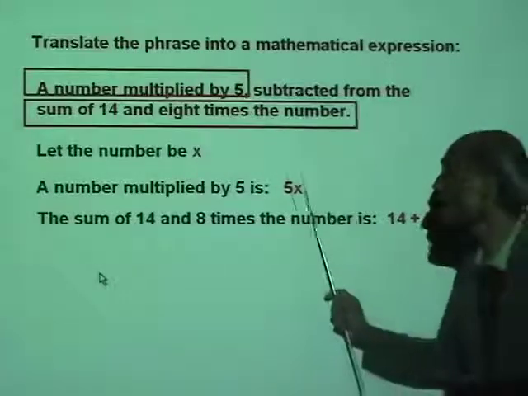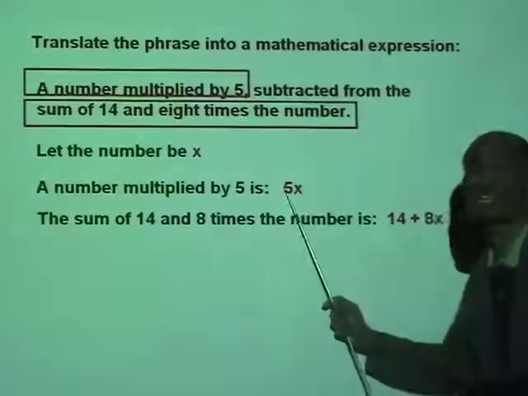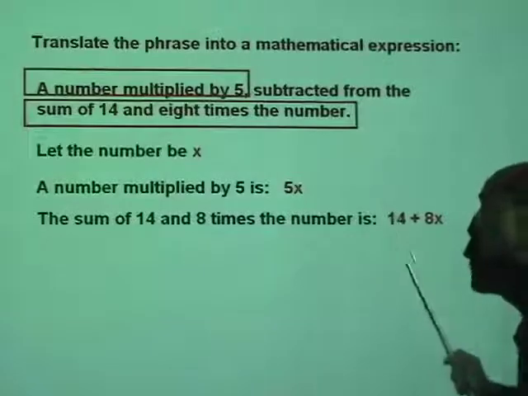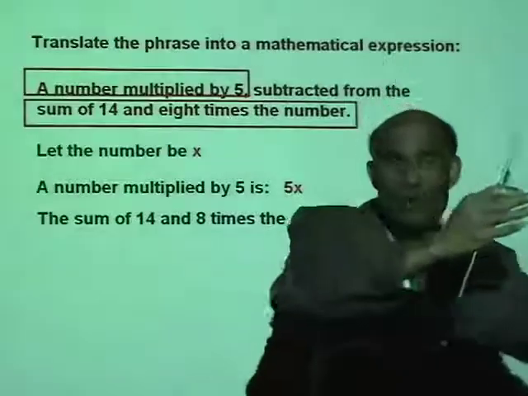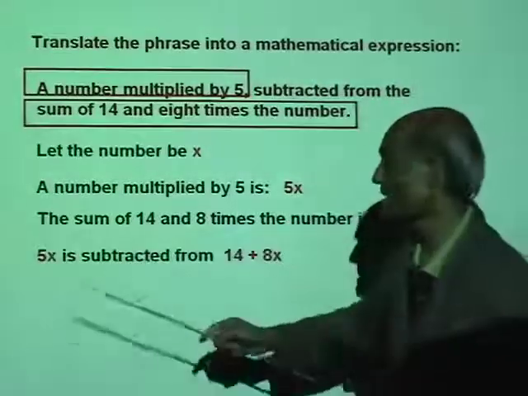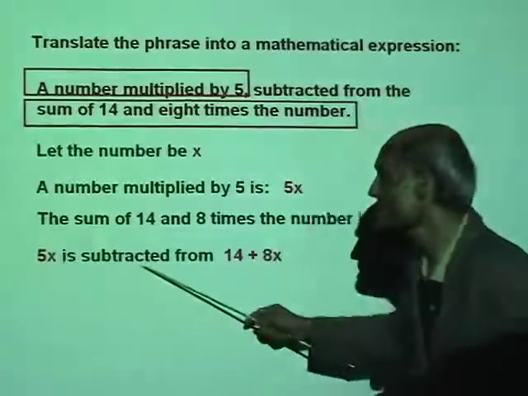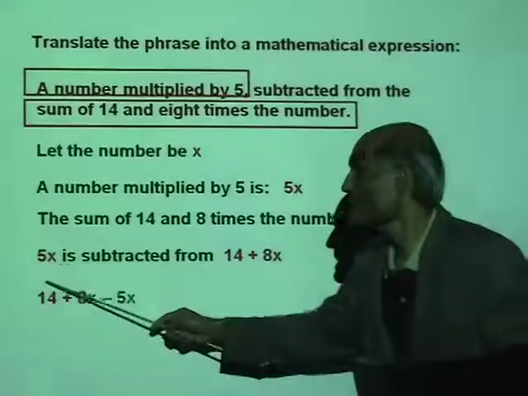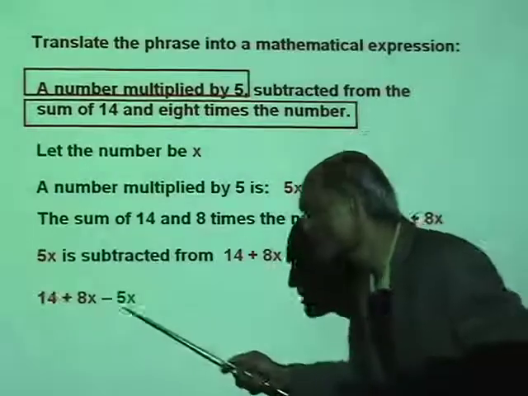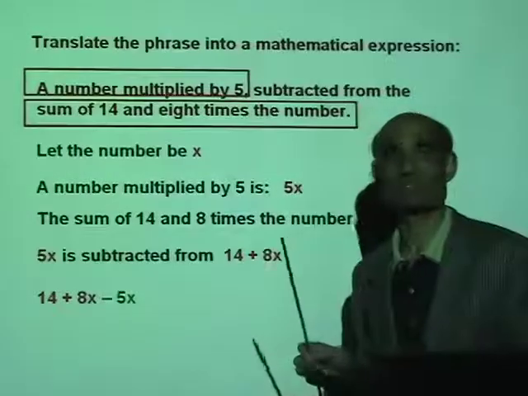So now you have this quantity subtracted from this quantity. The quantity from is always on the left. How do you write it? 5x is subtracted from 14 plus 8x is 14 plus 8x minus 5x.